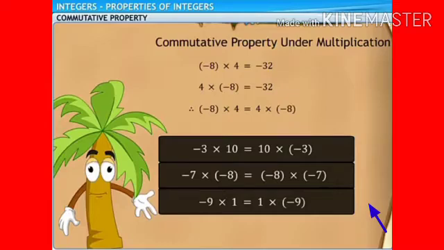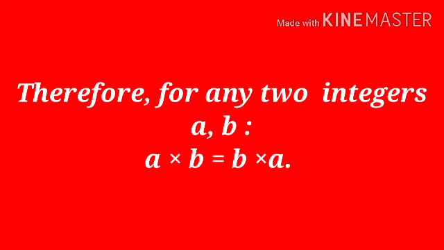For example, minus 8 into 4 is equal to minus 32, which is the same as 4 into minus 8 is equal to minus 32. So, changing the order of multiplication does not change the value of the product. Hence, we conclude that multiplication of integers is commutative. Therefore, for any two integers a and b, a into b is equal to b into a.